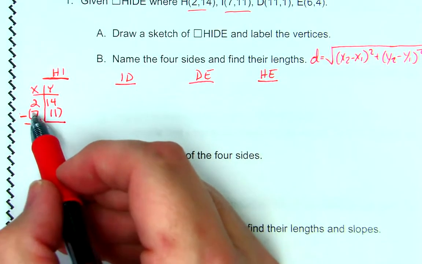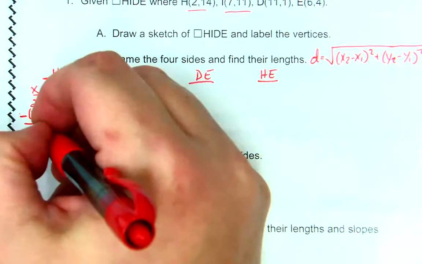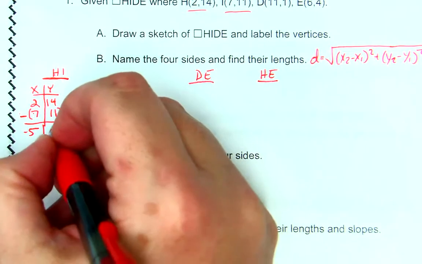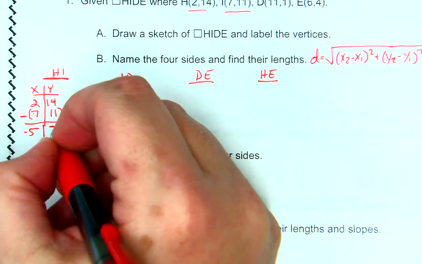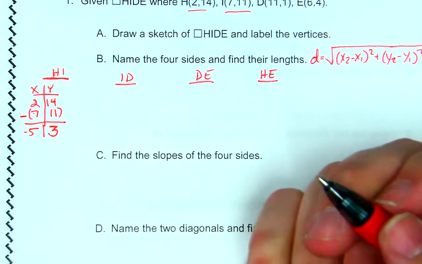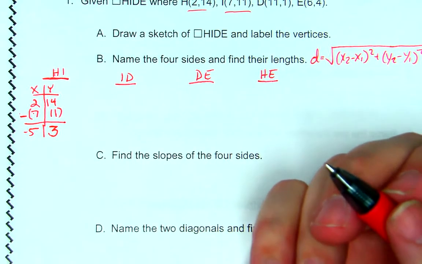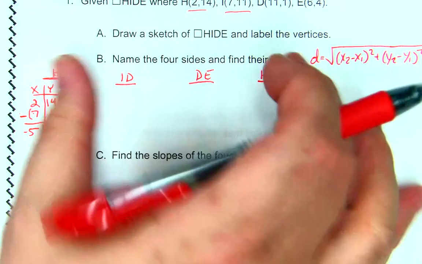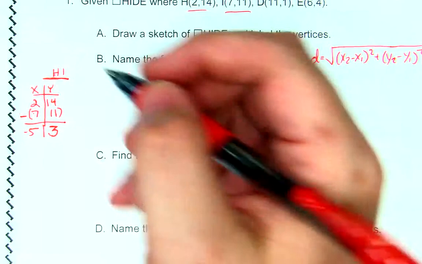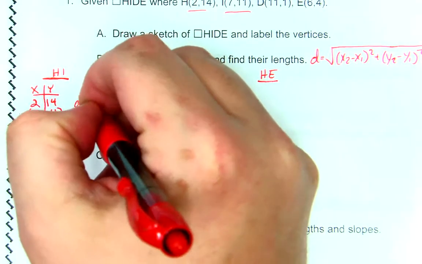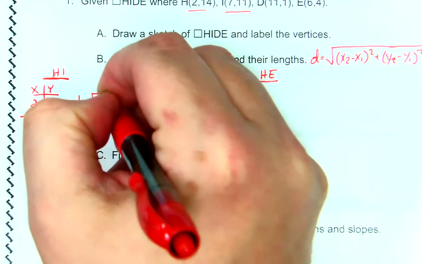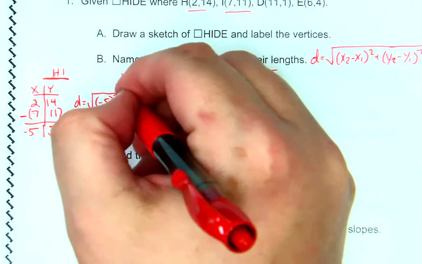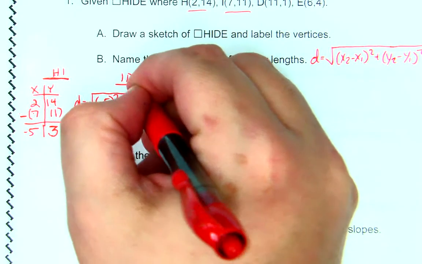So I put parentheses around that one. I have 2 minus 7, which is negative 5. 14 minus 11 is just a 3. So now I'm running into a little bit of space here. The distance formula is going to be equal to the square root of negative 5 squared plus 3 squared.